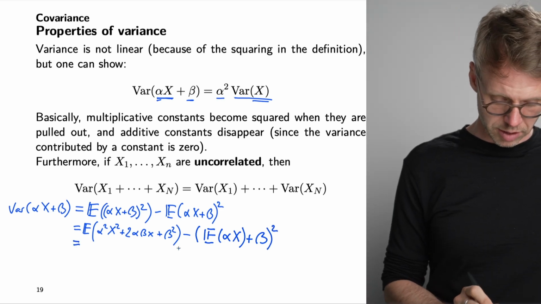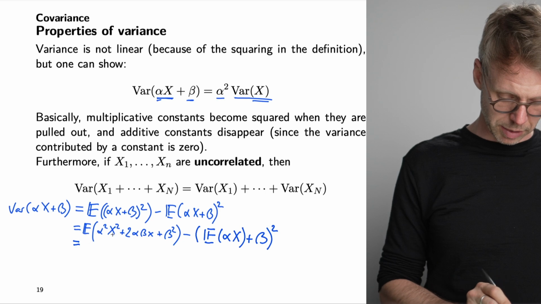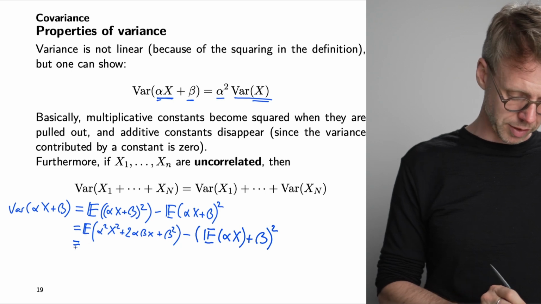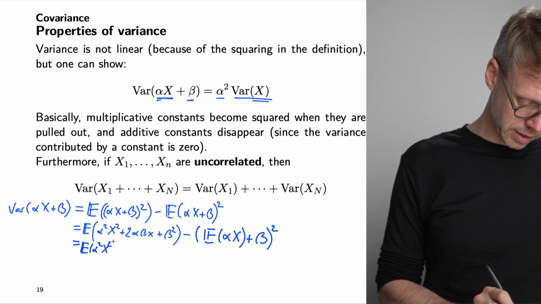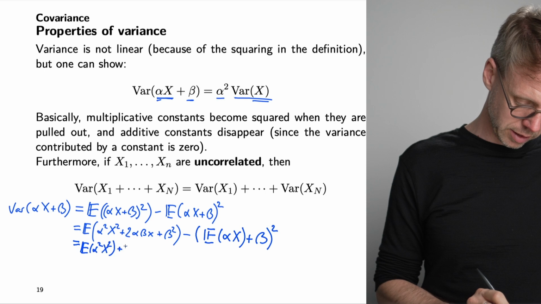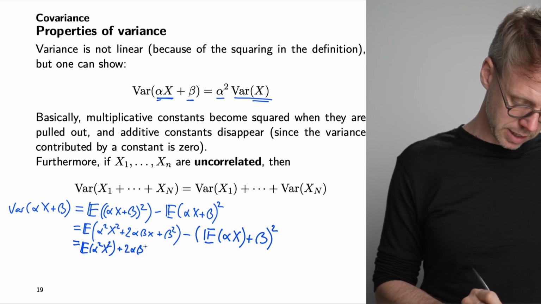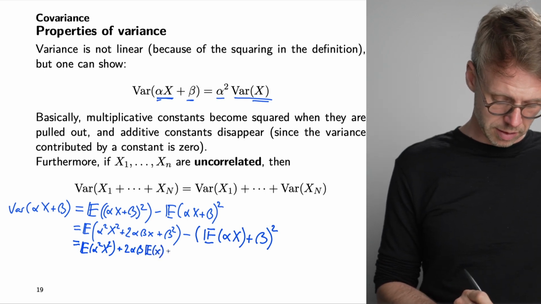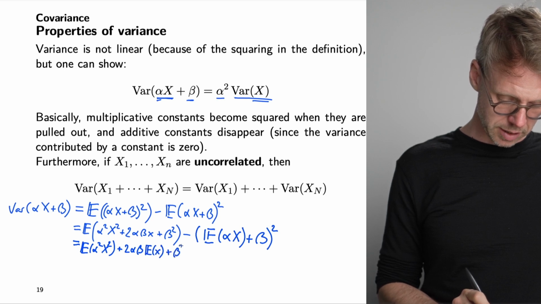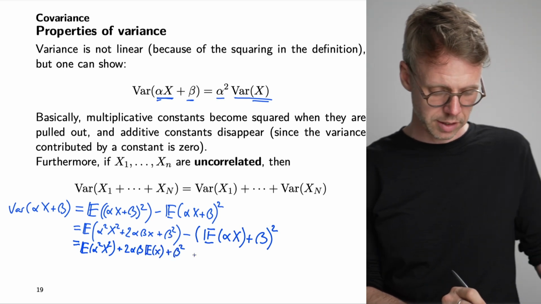So now we can take these expectations. Again, we can use the linearity of expectation. So here we have the expected value of alpha squared x squared plus 2 alpha beta times the expected value of x plus beta squared. So there's no x in here.